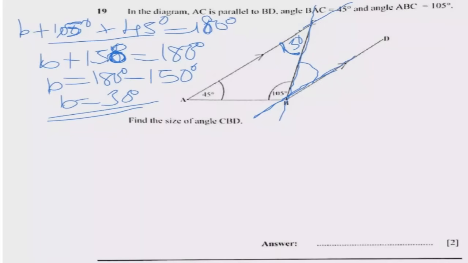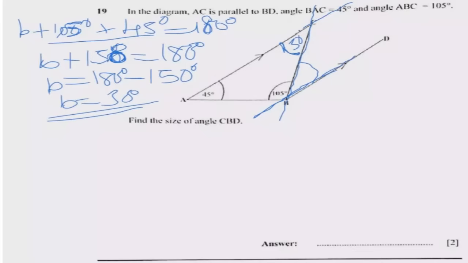Okay, so now if that is 30 degrees, then we can use the property that alternate angles are equal. Meaning angle ACB is alternate to angle CBD.